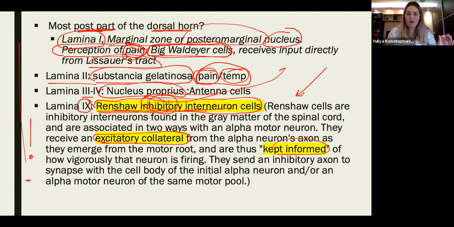They go play on the ground, touch rusty nails, they get the Clostridium, and as a result, they die from that. So Clostridium loves Renshaw inhibitory interneurons. That's the area where it proliferates. It invades these interneurons, as a result, preventing them from doing their job. So that leads to tetanus. Oof, is it clear?